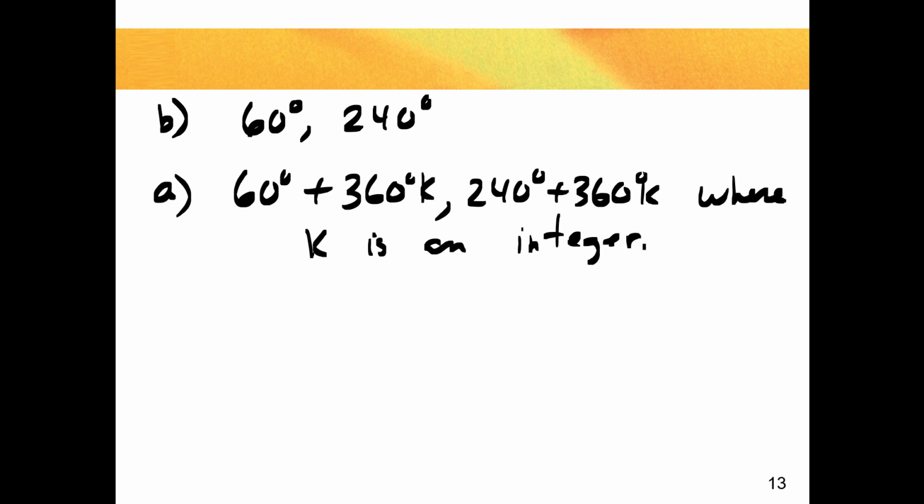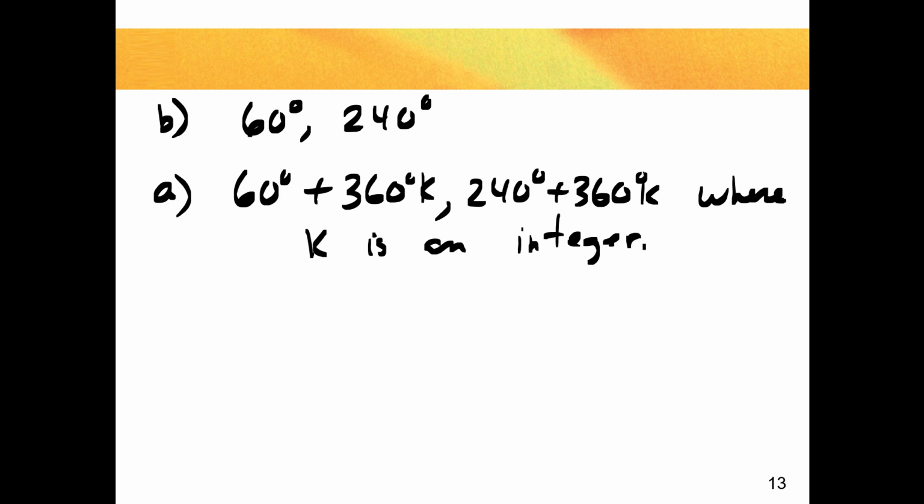And then the funny thing with tangent and cotangent, notice that 60 degrees and 240 are exactly half a rotation away, aren't they?